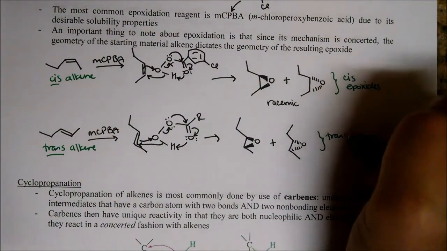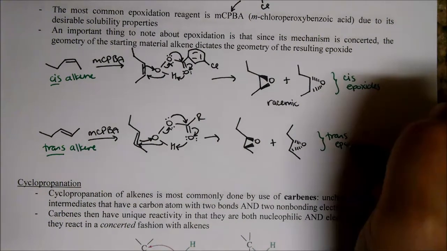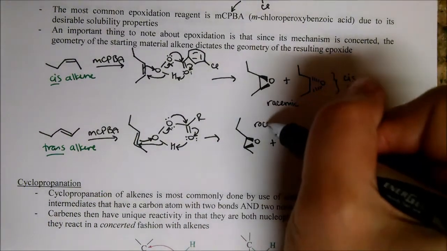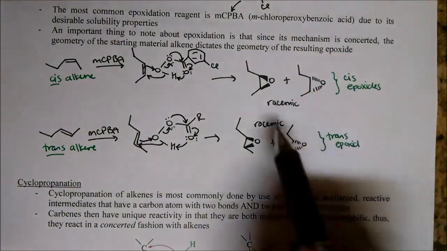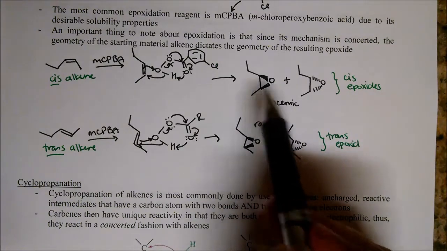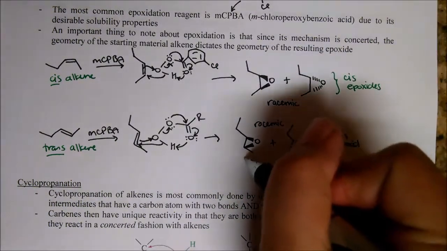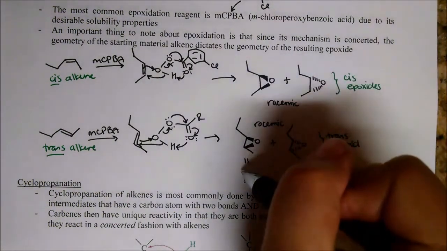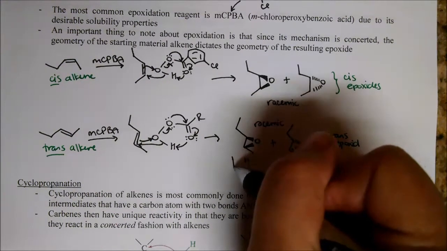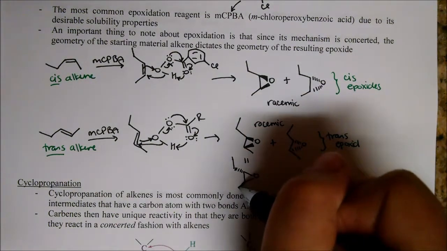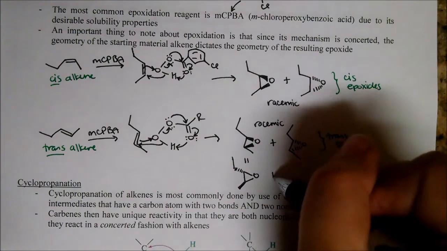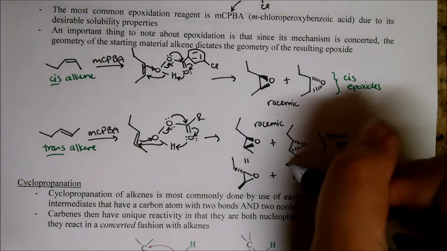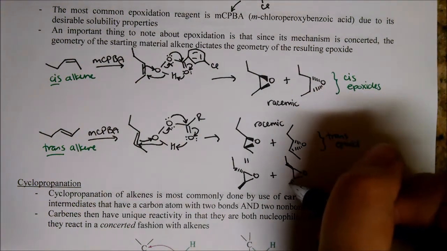And it is hard to see the cis versus the trans epoxides. Here, hold on, let me finish racemic. But it may be a little bit easier if you kind of draw them with the bonds. Oh, let me just show you. If we make the epoxide flat, then when we have a trans epoxide, the substitutions coming off are trans. Okay, so here we'll make the epoxide flat, and then we get this guy and this guy.